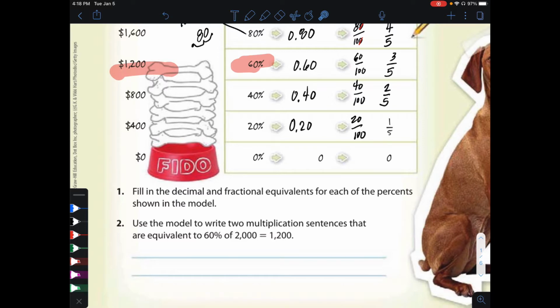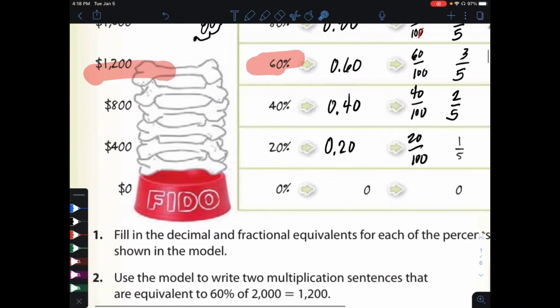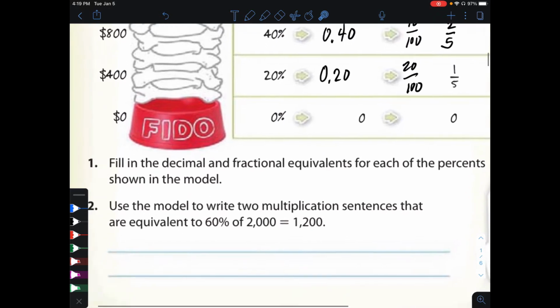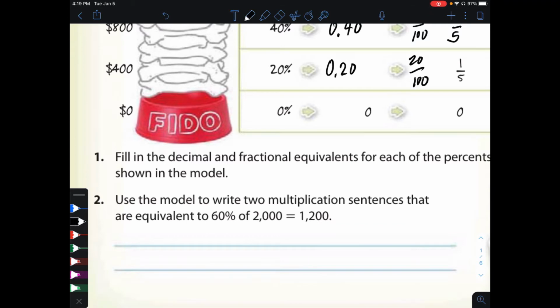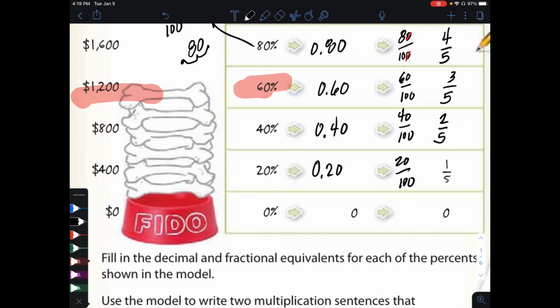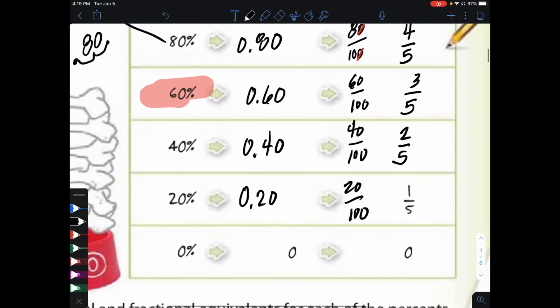So if we look at our model carefully, we know that 1200 is 60% of 2000. So we can write down 0.60, which is the decimal form of 60%, and we multiply it by 2000, which will give us 1200. Another way of writing this is we know for a fact that 60% is also 3/5 as a fraction.